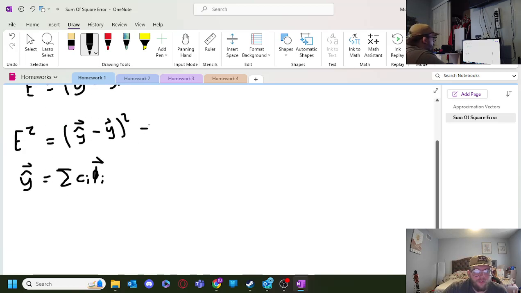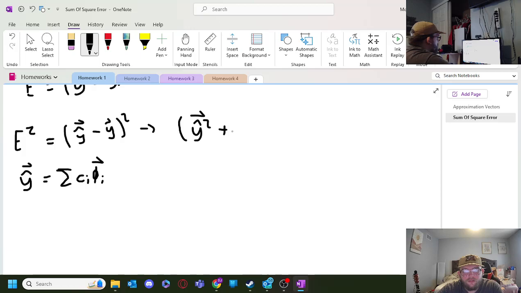So if we FOIL this, what ends up happening is we get our model vector squared plus our actual vector squared minus 2 y model y actual.